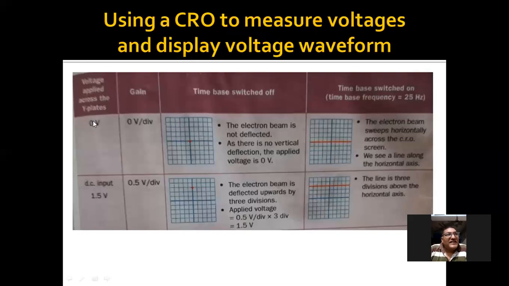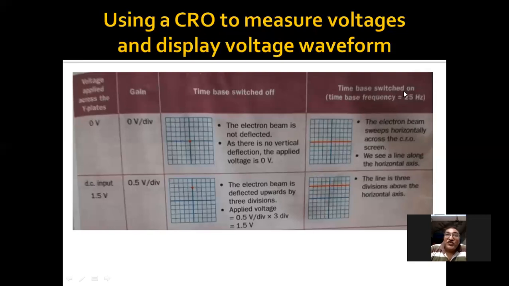You have applied no voltage to the Y plates, you have set no Y gain, and the time base is switched off. The dot will be in the center of the screen with nothing connected to the Y input.